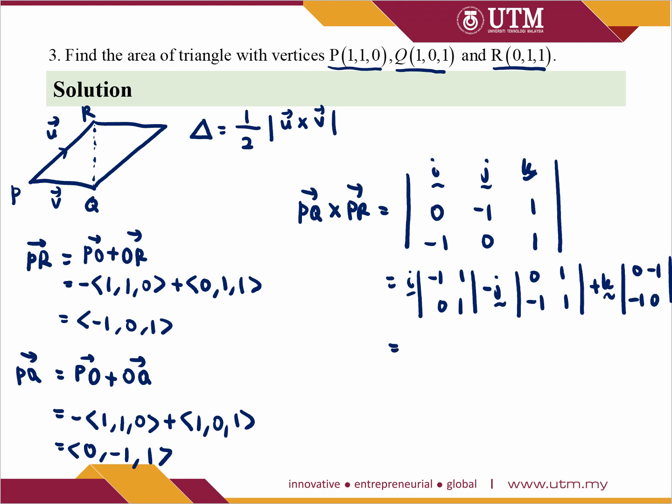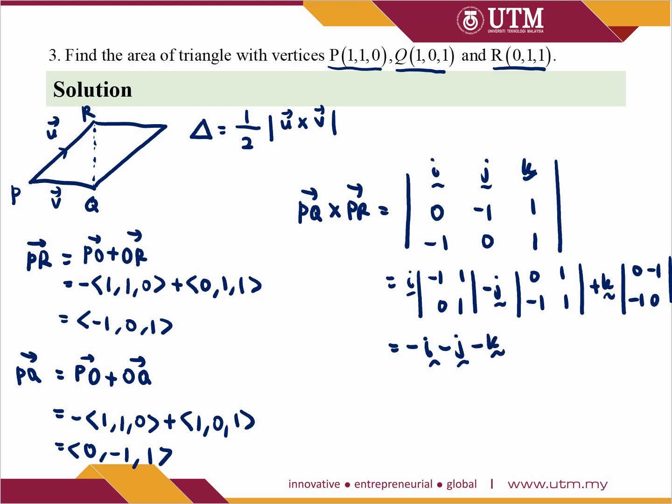So here would be negative 1, 0 plus 1, 0 minus negative 1 is 1, and k would be 0 minus 1, minus k.